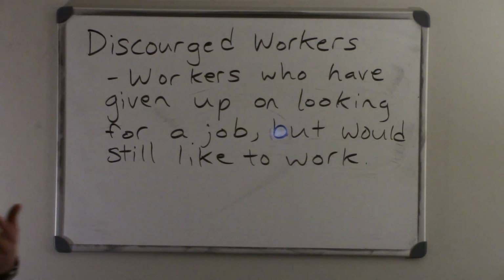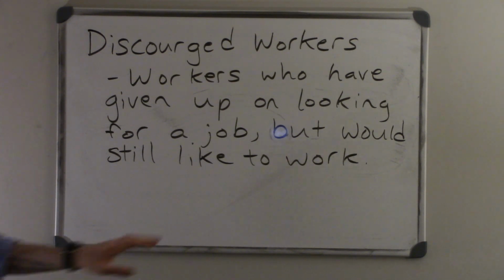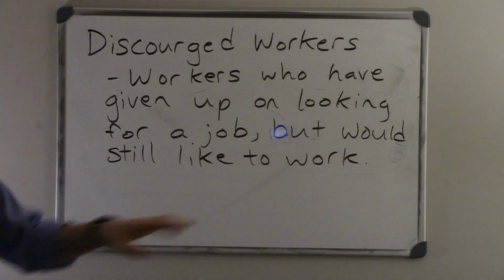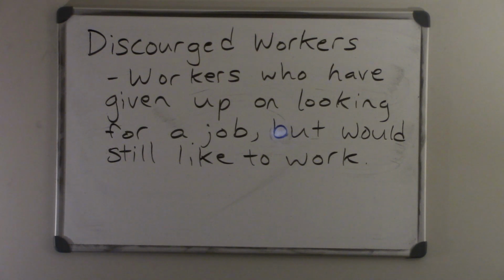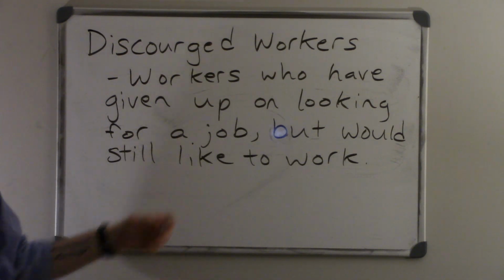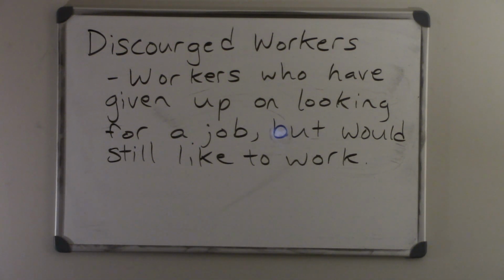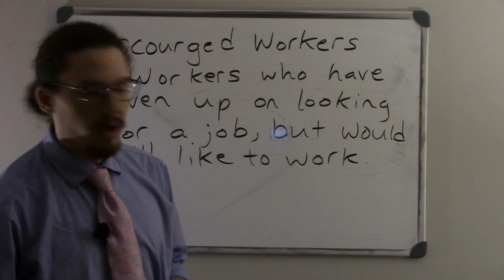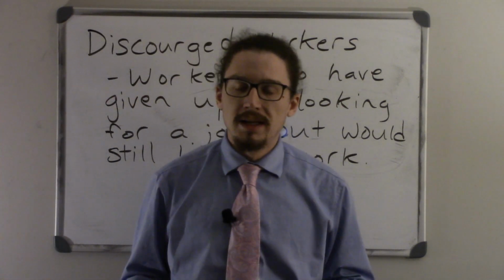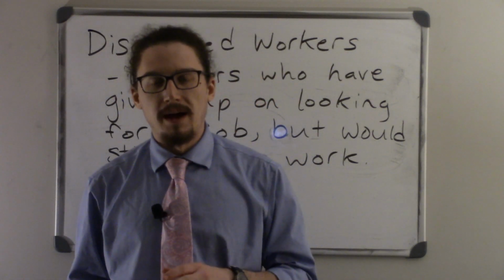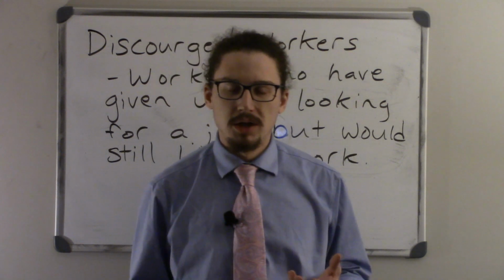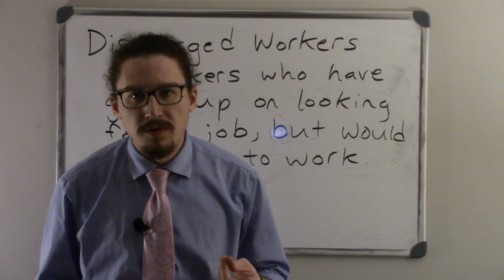They said, there's nothing out there for me, I'm not going to find anything, I'm going to stop looking. Well, these discouraged workers are not included in the unemployment rate calculation. Because they aren't looking for work, they do not count as unemployed workers, and so they don't get added into that calculation.